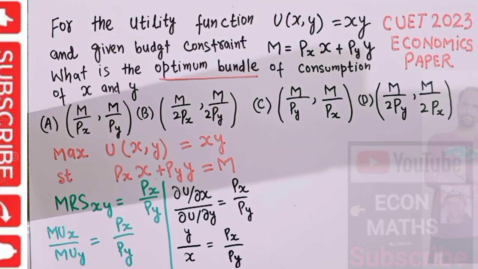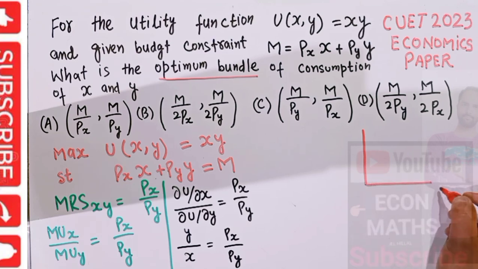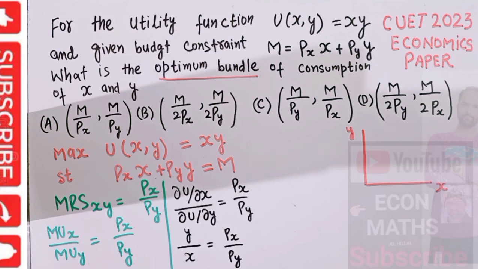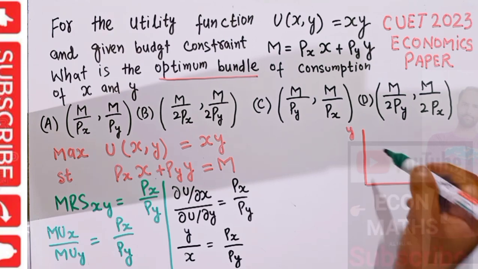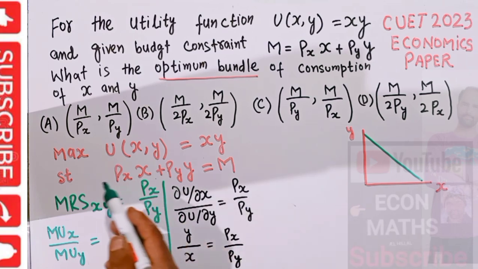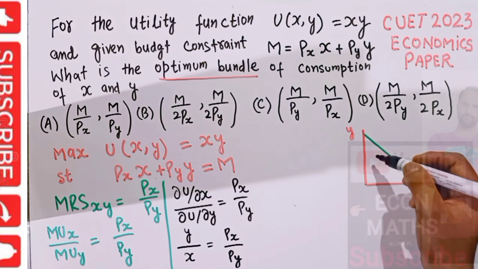Okay, what exactly is meant by this on the graph? Let's draw a small graph to save space here. So we have good x and good y here. We have the budget constraint for the consumer. Given this budget constraint, the consumer wants to reach the highest possible indifference curve.